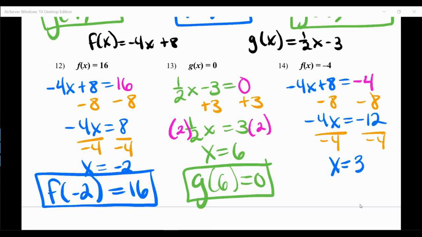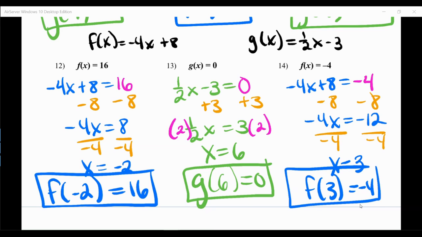We've done a lot of practice on solving, so this is a great chance to put those skills to work. So we get an x value of 3, so f of 3 equals -4.